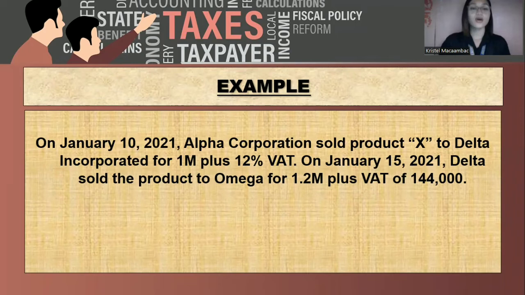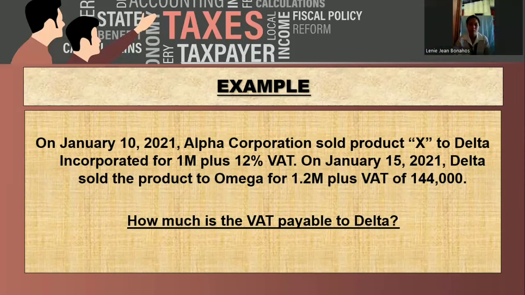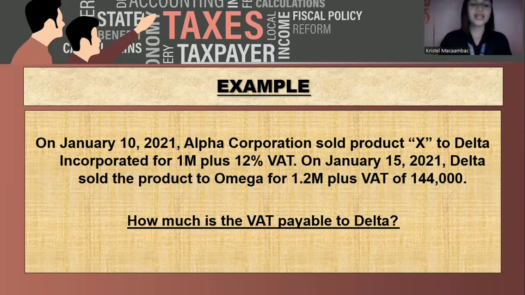So the question here is, how much is the VAT payable of Delta? In this problem, we have to be careful because it involves more than 2 corporations, the Alpha, the Omega, and the Delta. But the question points out the Delta. What is the VAT payable of Delta?